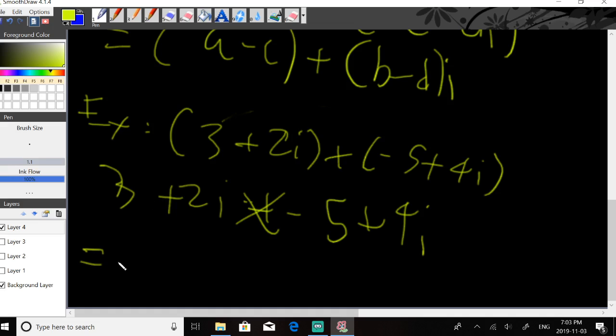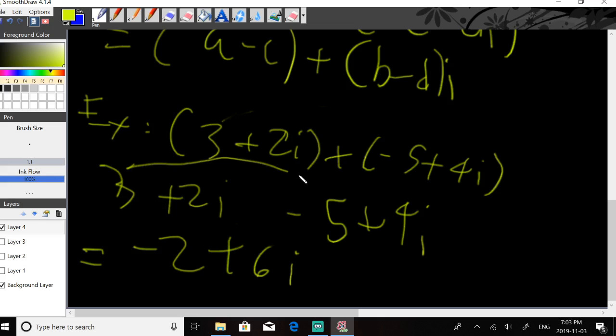This equals negative 2 plus 6i. So this is your answer, because 3 minus 5 is negative 2, and 2i goes with 4i.